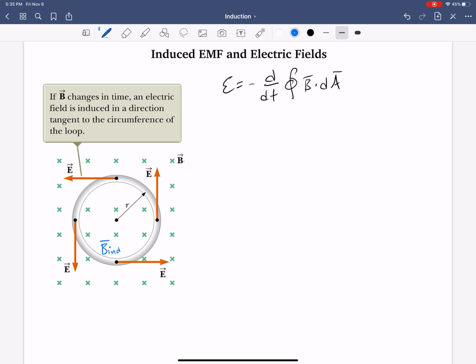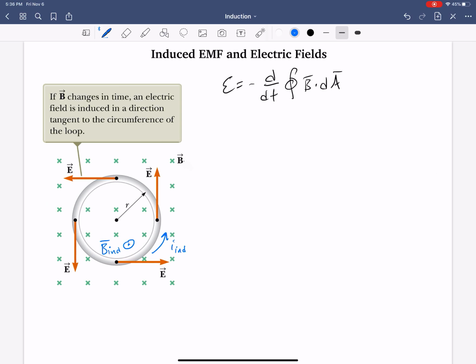It wants to increase it again back to what it was. So that field is out of the page, which creates an induced current counterclockwise. And for each of those 4 points shown, there's the current vector in those same directions. So E and I are in the same direction.